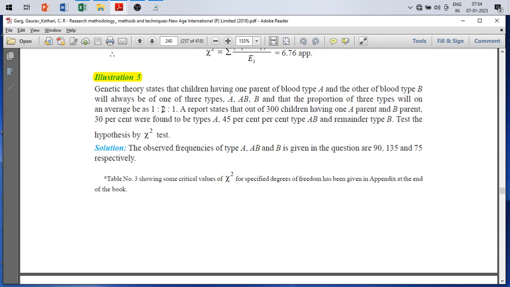Theory says 1 is to 2 is to 1. That means 25% will be A, 50% will be AB, and 25% will be B.